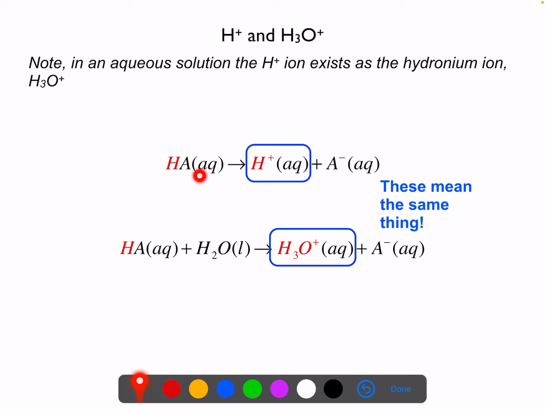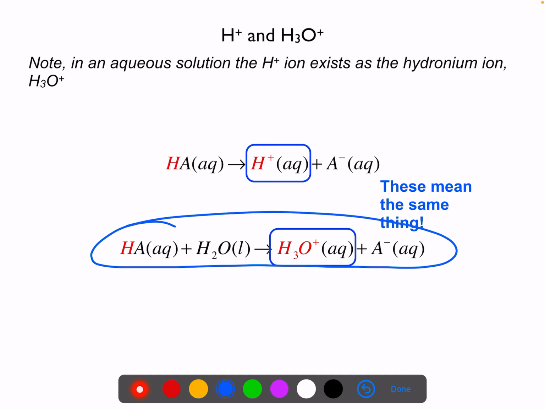Because HA here is in an aqueous environment, it's assumed there's water everywhere, and H plus aqueous is really the same thing as H3O plus. So in water, this does not actually exist on its own. It exists as hydronium, but oftentimes you'll see these written both ways. I will try to always write this way, but you might see it the other way.